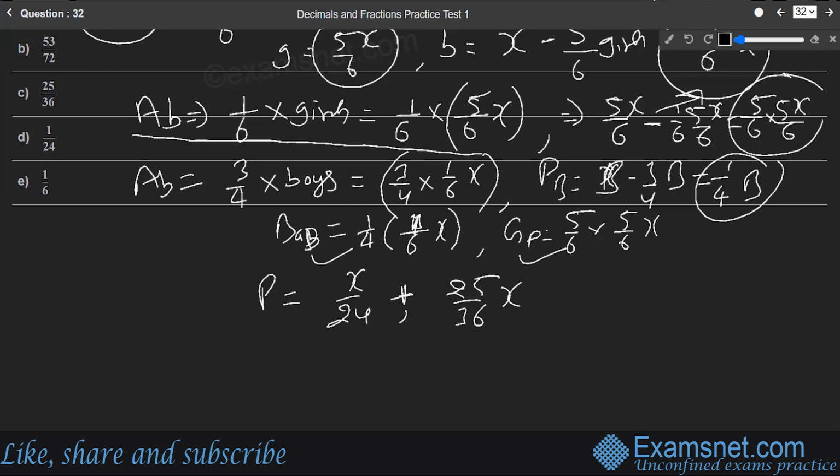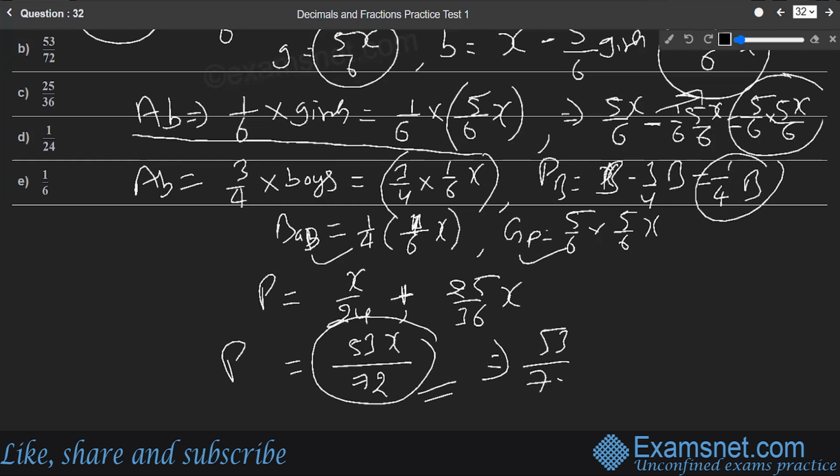If we add this together, it comes out to be 53x by 72, where x is the total number of students. So what is the part value? The part value is simply 53 by 72. It is available in option B, which becomes the right answer.